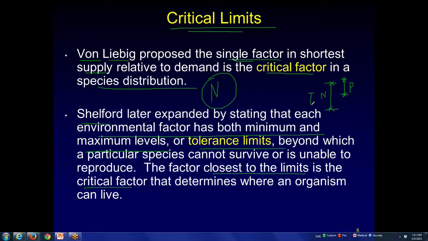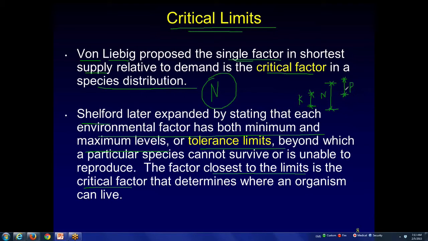Say from here to here is your potassium range. So anything above this level here is high, and anything below that level is too low. All right, so of these three factors, phosphorus, nitrogen, and potassium, which has the highest range? The phosphorus does, right? It's got to be very, very high.